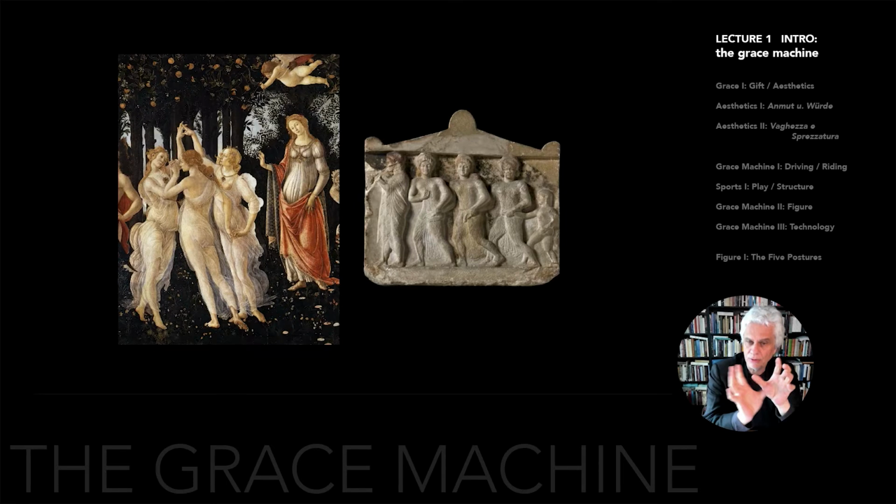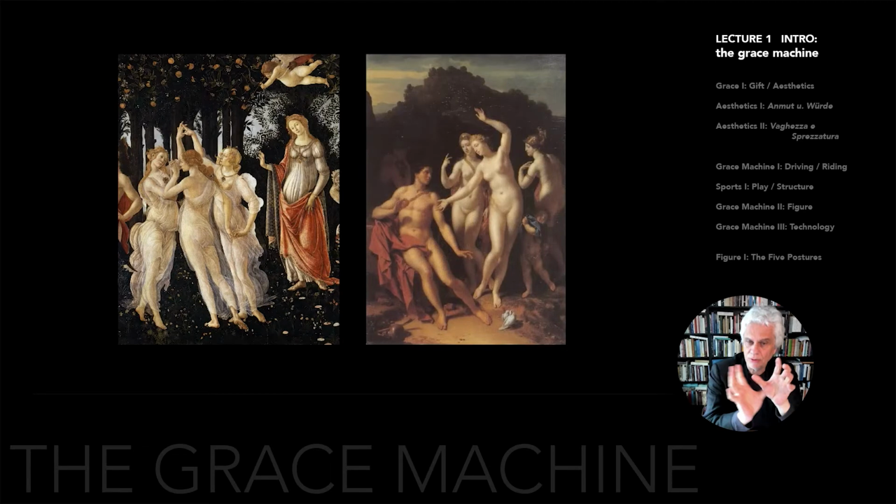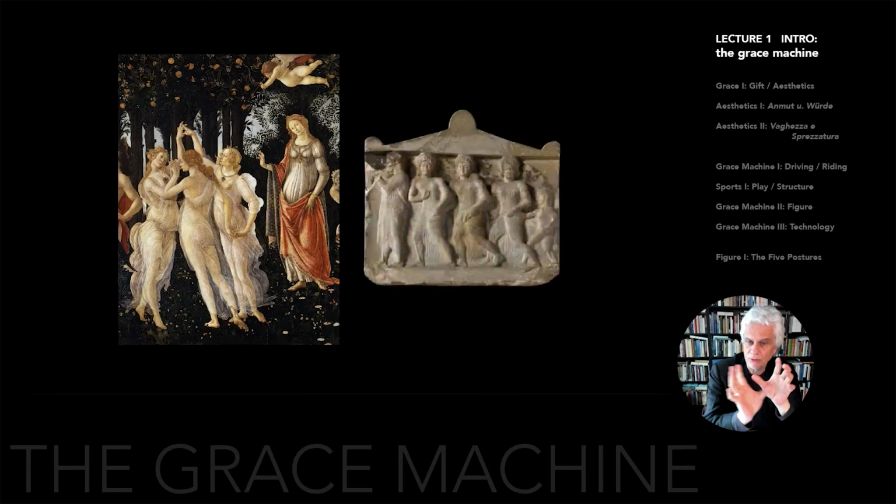Cupid we already saw, being connected to Aphrodite, so Cupid is the little guy at the end. So that's a linear dance, but it is a dance.